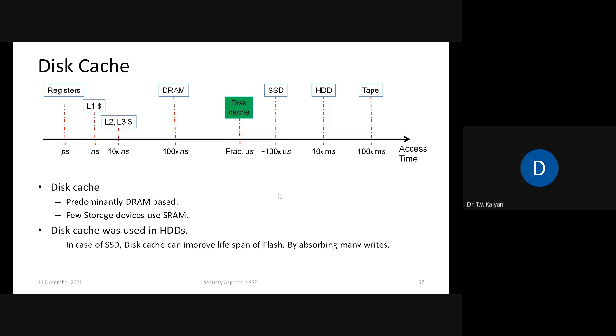In the case of SSDs, the disk cache can be used to improve the lifespan of the flash, because it can absorb as many writes as possible before eventually writing the data to the actual NAND flash cells, right? And on the performance front, a hit in the disk cache will save both time and power.